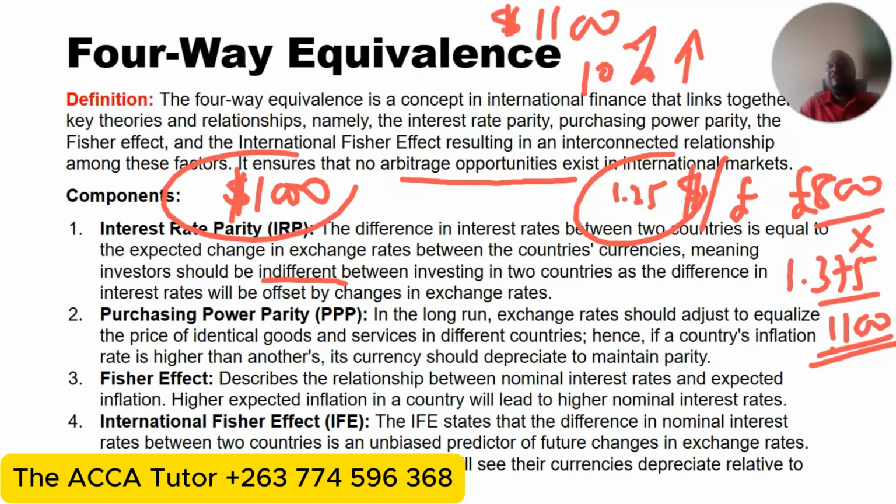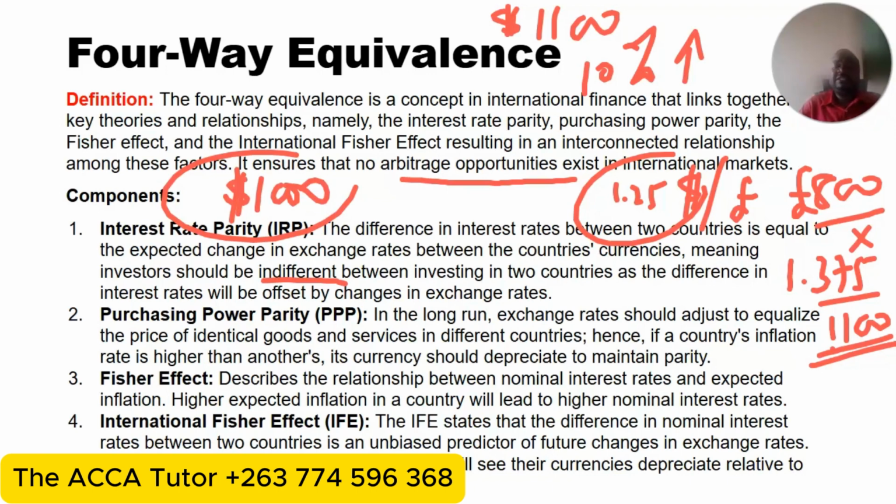Okay, so the four-way equivalence is simply saying that in the long run, the exchange rates are going to self-adjust in line with the movement in inflation, and by the end of the day, no more arbitrage opportunities are going to exist.